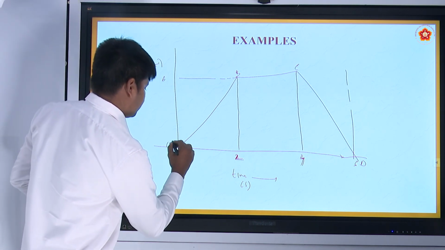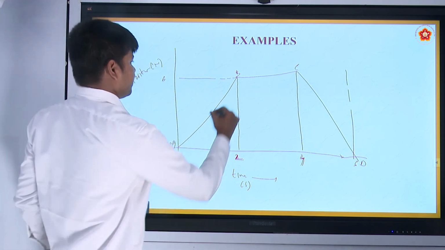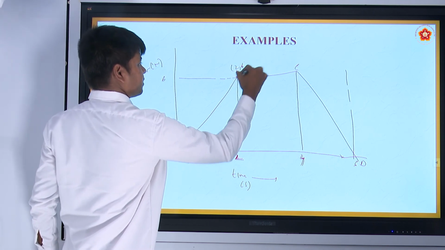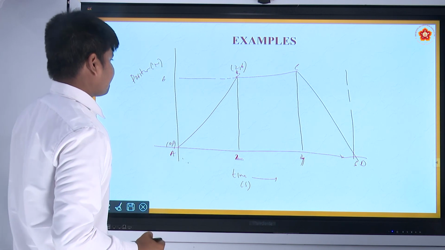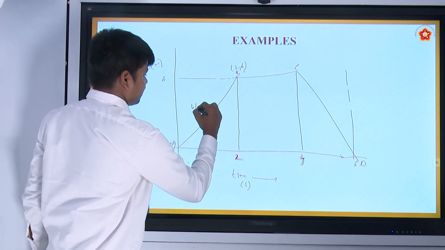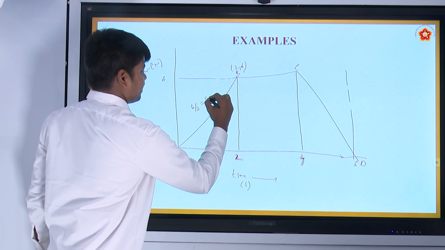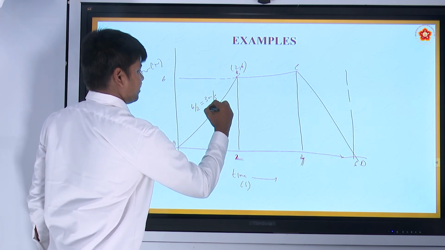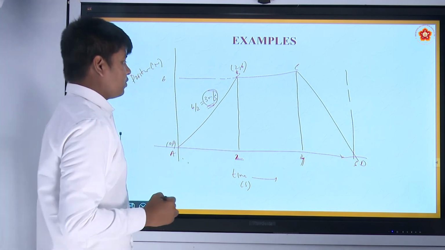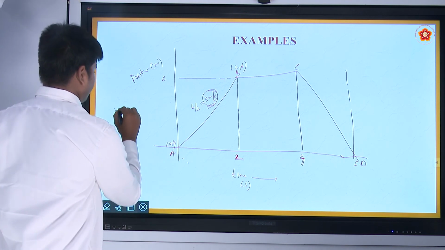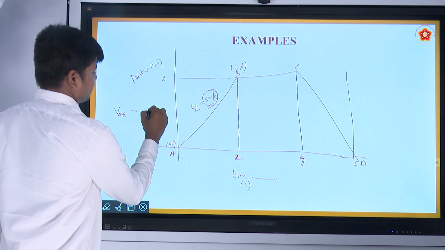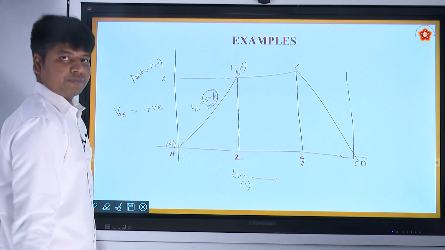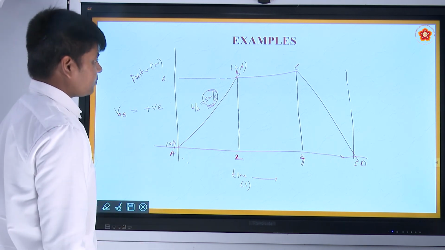Here the coordinate is 0, 0, and here the coordinate is 2, 6. So the slope for AB is 6 by 2, that is 3 meter per second, positive. So in the segment AB, velocity is positive.